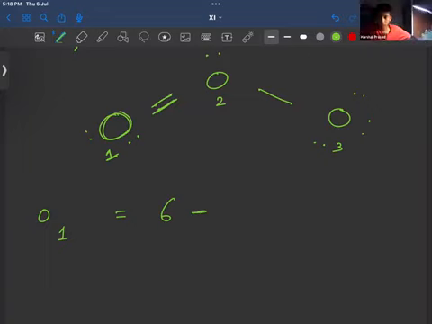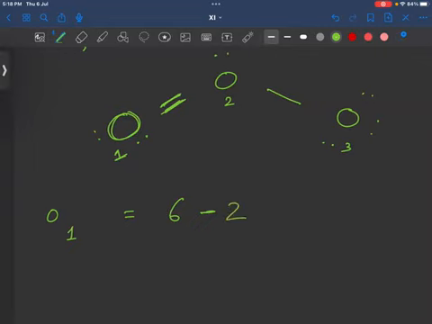So it's 2. Because it is a multiple bond, 4 electrons are shared, but 2 are given by O1. So it is minus 2. And minus how many electrons are present as lone pairs? I am talking about the first oxygen.